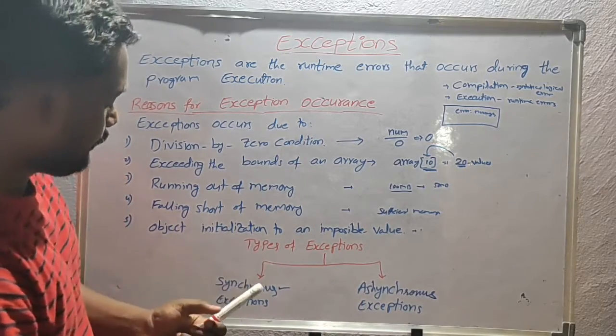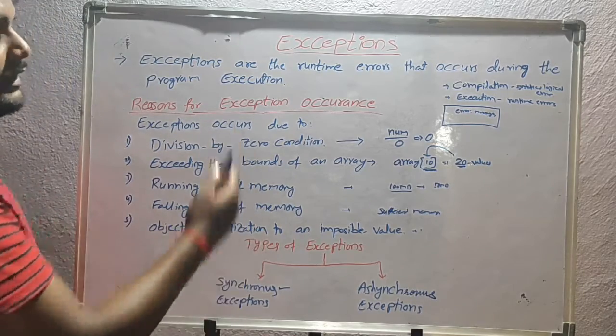And how can the synchronous exceptions be divided?